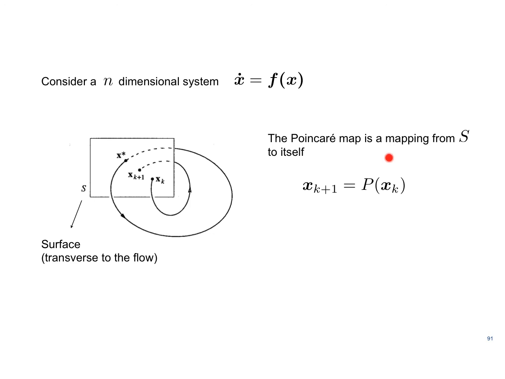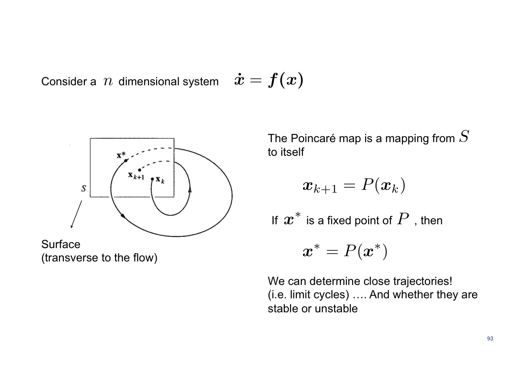So here the important part is to understand what this transformation is, what this Poincaré map is. Based on the possibility of these fixed points, you go and you arrive at the same point.